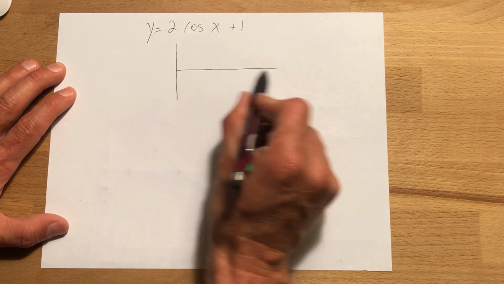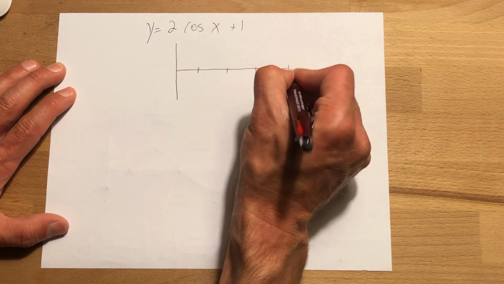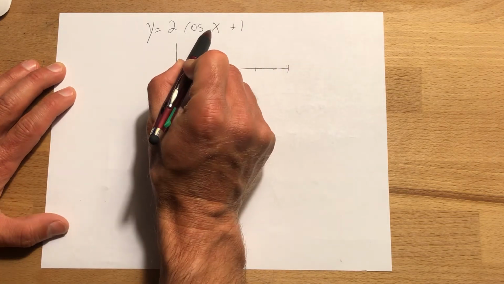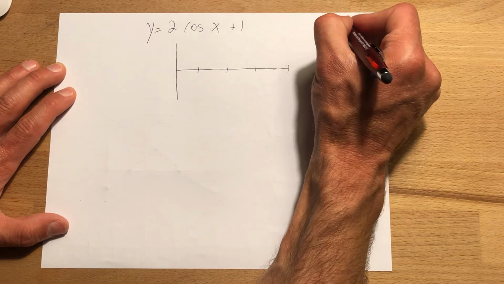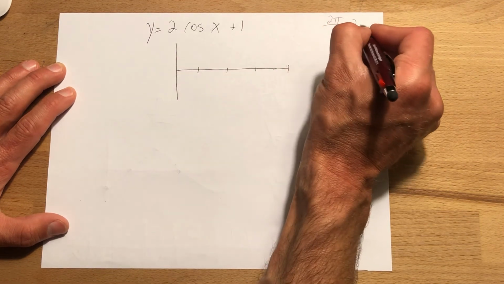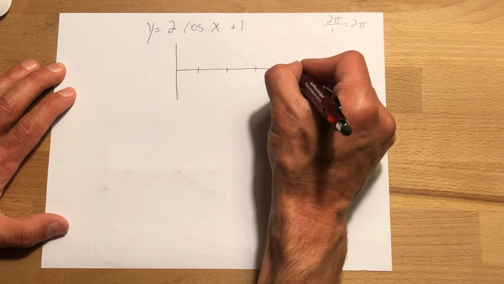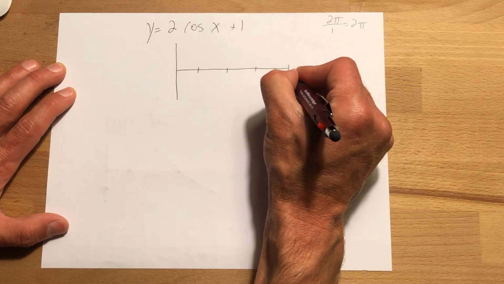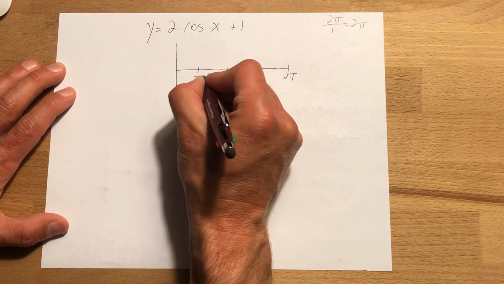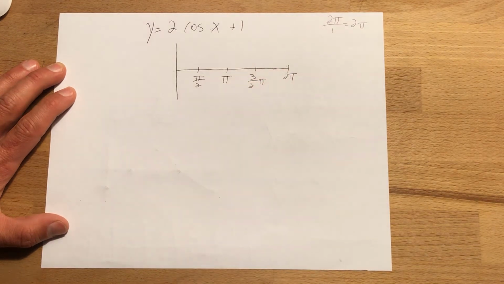You've got to figure out your period because it goes in even increments of 4. With this, there's an invisible 1 in front of here. So 2 pi over the invisible 1 is equal to 2 pi. That means it repeats every 2 pi radians. So that means this is in the middle, and this is pi over 2, and this is 3 over 2 pi. Okay.